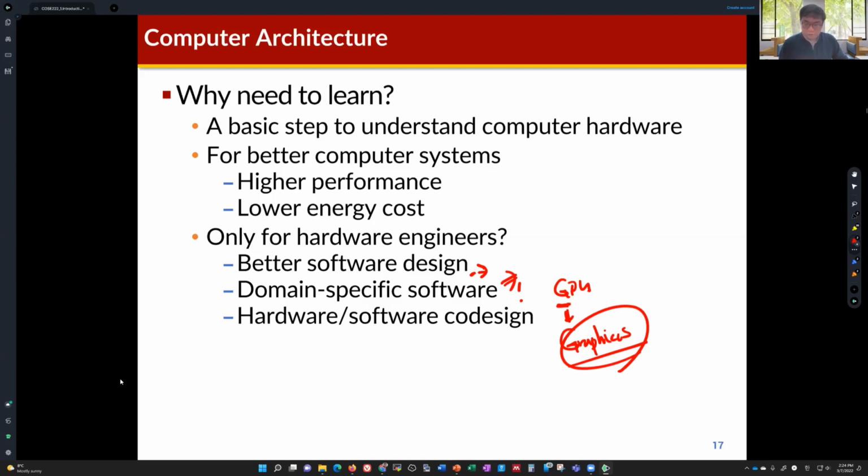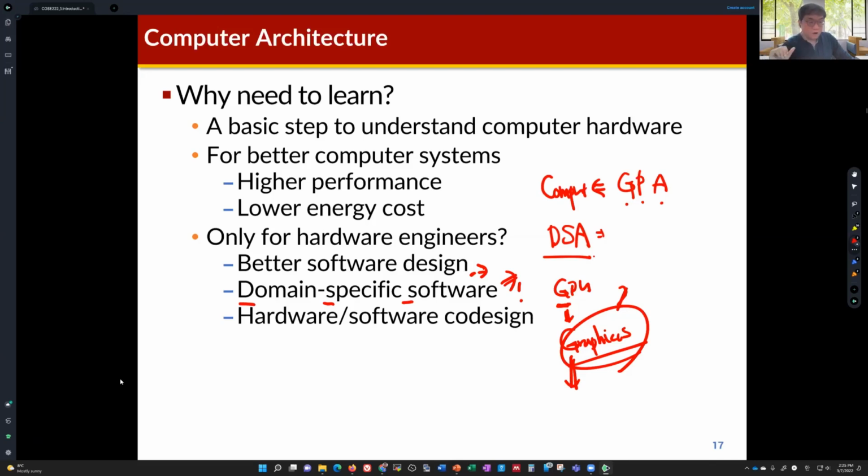These types of applications are called domain-specific software, because it's the graphics domain. Traditionally, the computer system was designed to run general purpose applications. But recently, we focus on domain-specific applications or domain-specific software because performance is very critical.